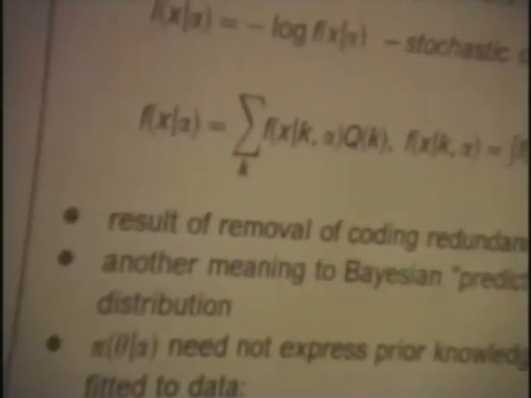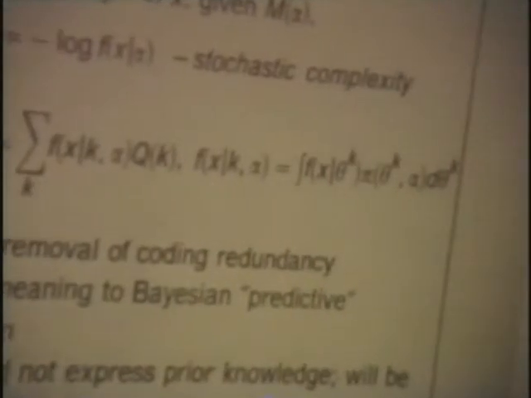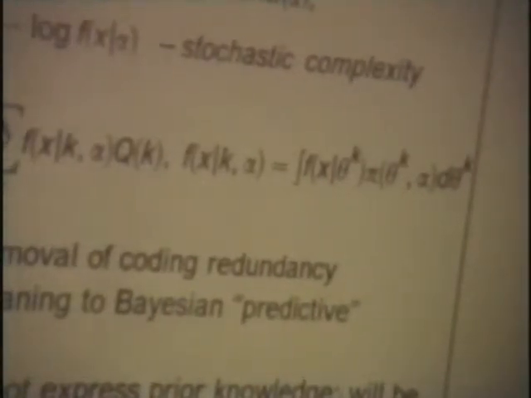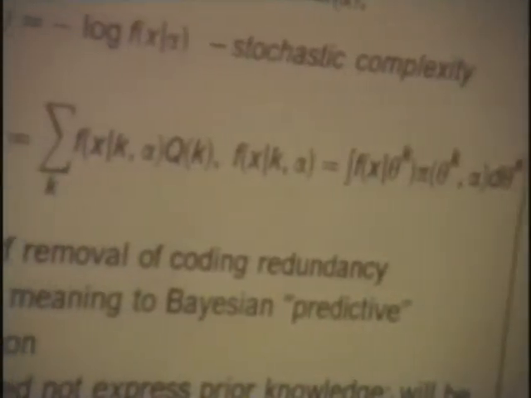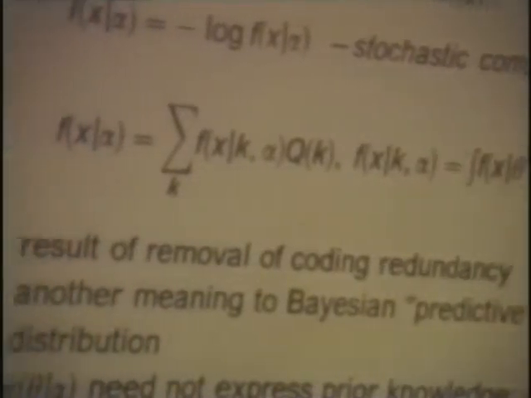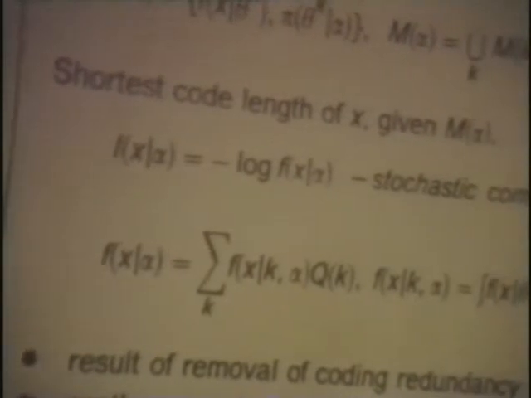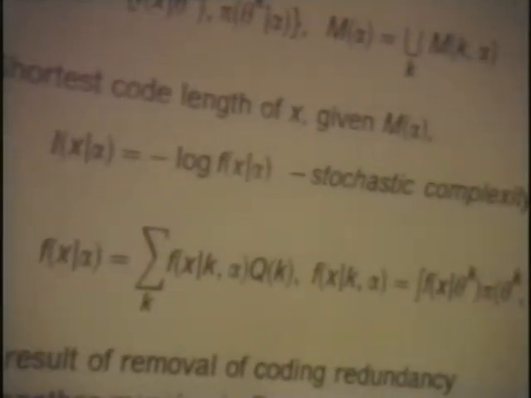I'm just flatly declaring that by applying that redundancy removal technique, which amounts to working out the predictive distribution, the negative logarithm of that will indeed give the shortest code length. And that I call stochastic complexity.